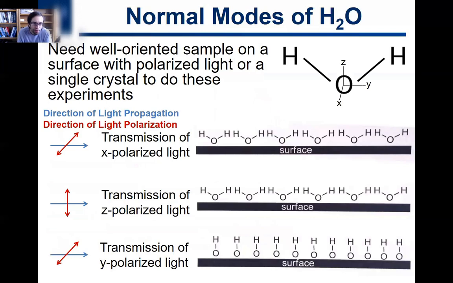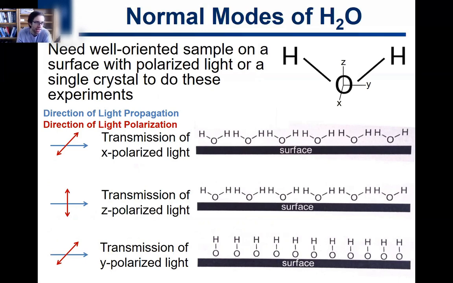So you might be wondering a little bit about this polarization business. Not only do you need polarized light, but you need a well-oriented sample. Otherwise, molecules are just rotating, and so their z-axis is changing constantly.